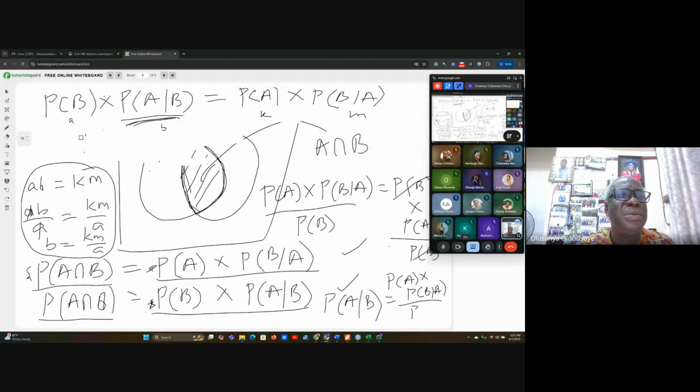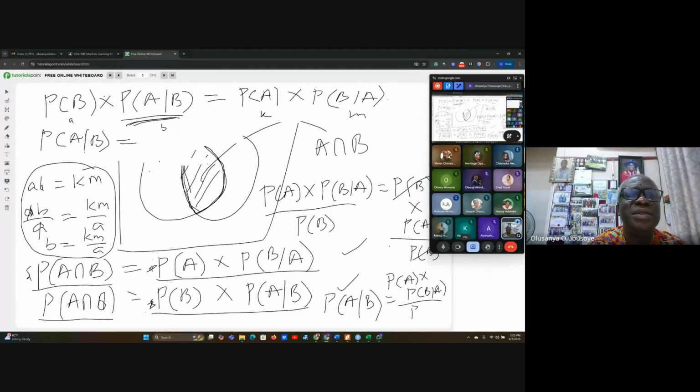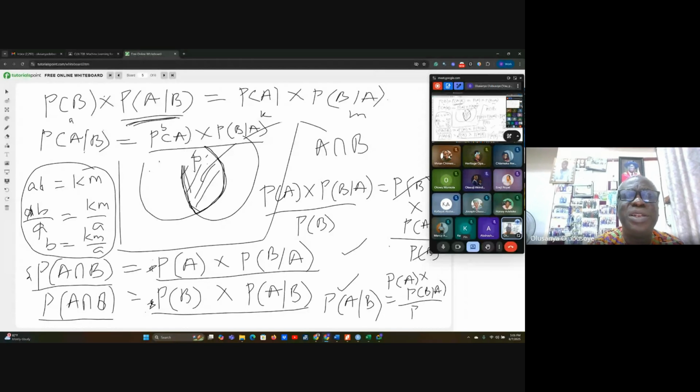How do I do it now? Okay, so I can now have probability of A given B to be equal to everything here, that is probability of A times probability of B given A over probability of B.